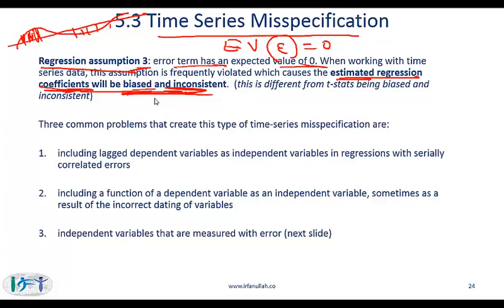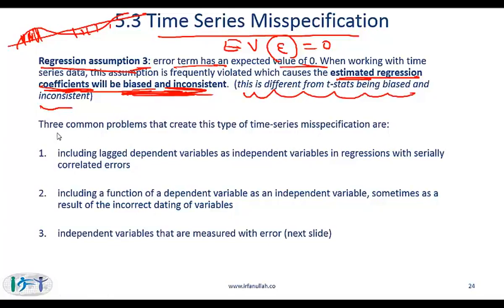That it's either biased up or down. So the coefficients are wrong here when the model is misspecified, whereas in the past, under the three areas that we discussed, heteroscedasticity, multicollinearity, and serial correlation, the standard error and the t-stat was biased.